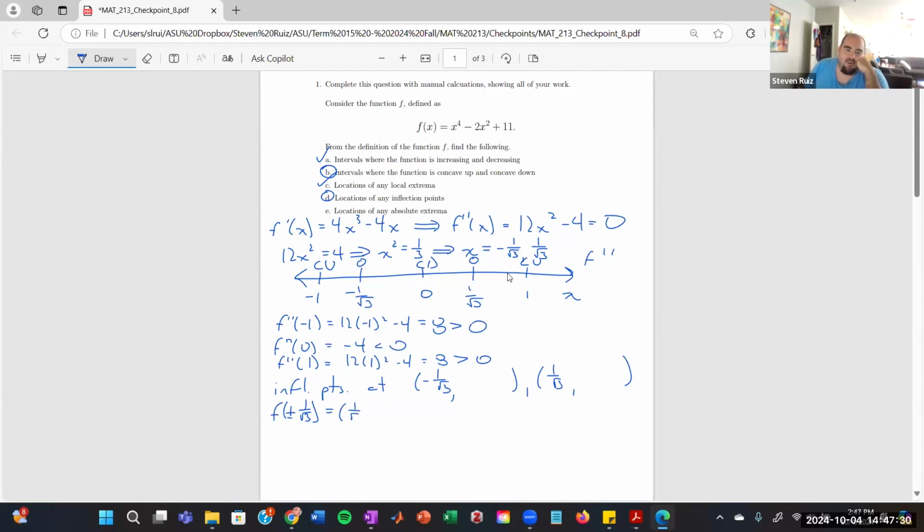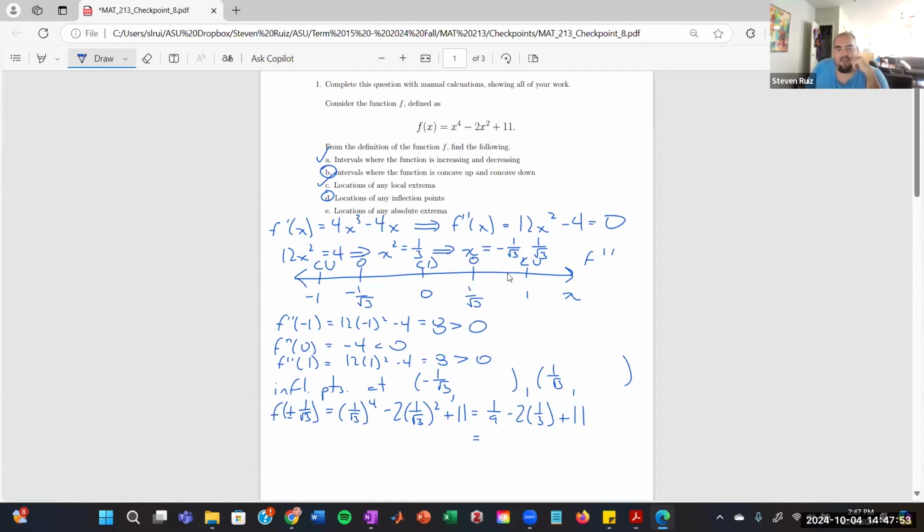So 1 over radical 3 to the 4th minus 2 times 1 over radical 3 squared plus 11. Radical 3 squared is 3, which means squaring that again will give me 9. So 1 over 9 minus 2 times a third plus 11.